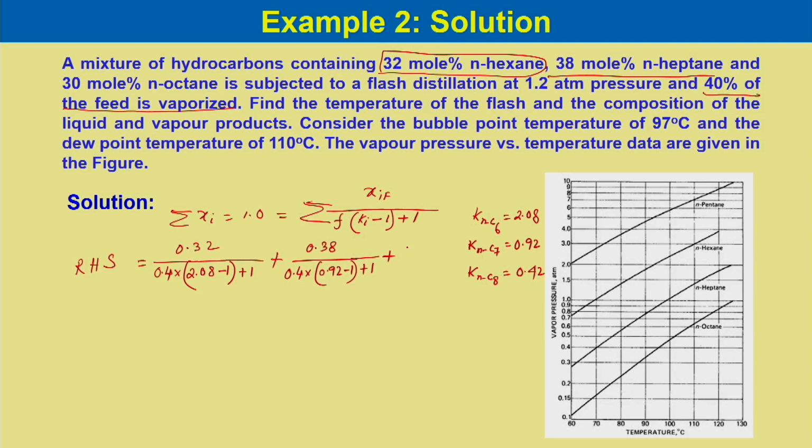So, it is 0.3 divided by 0.4 into 0.42 minus 1 plus 1.